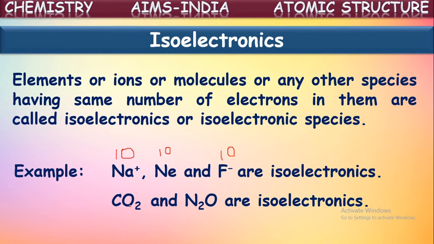In the same way, if you observe nitrous oxide, which is called laughing gas, for this also the total number of electrons: each nitrogen has 7 electrons, so 2 nitrogen 14, and one oxygen atom has 8 electrons. Total it becomes 22 electrons. So in this way, these two molecules are having the same number of electrons in them. So these are called isoelectronics or isoelectronic species.